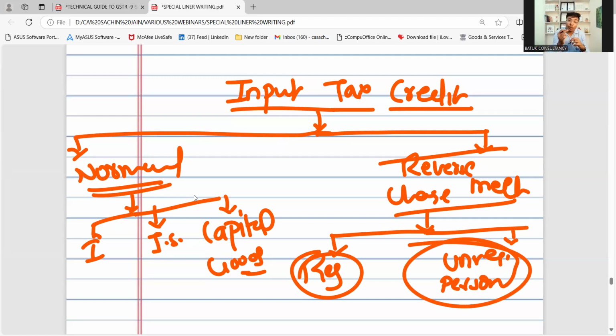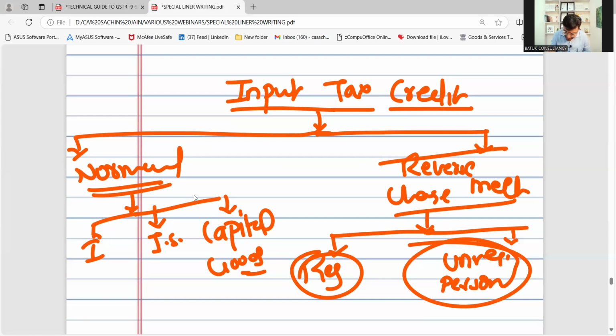That means I need to provide the bifurcation in the GSTR 9 return under reverse charge mechanism when I am claiming the input tax credit, that this type of thing I bought from a registered person and I am paying the tax under reverse charge. And for an unregistered person also I need to provide, and I also need to provide the bifurcation of input and input service under the reverse charge mechanism.